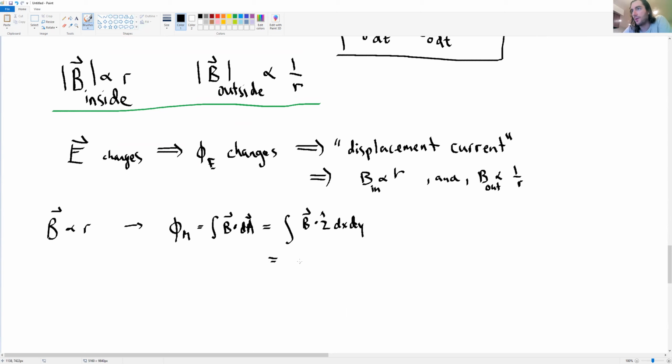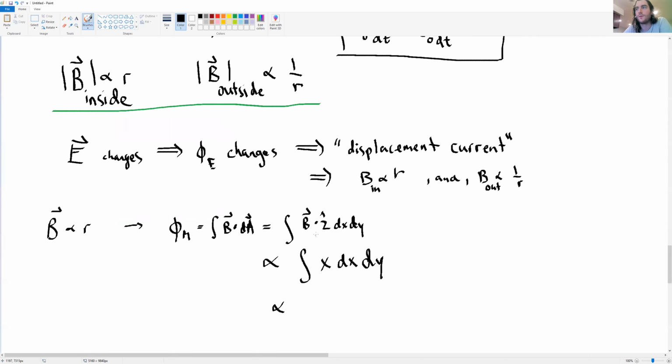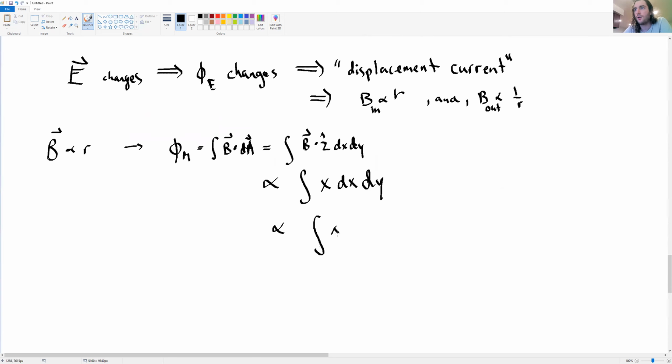So B is going to be proportional to, so I'll now change from an equals sign to a proportionality, basically x dx dy. The dy integral is simply going to become a constant, just this constant little b right here. So proportional to the integral of x dx, which means it's going to be proportional to x squared. I'm leaving a lot of constants out because I just want to get the general idea here, right?